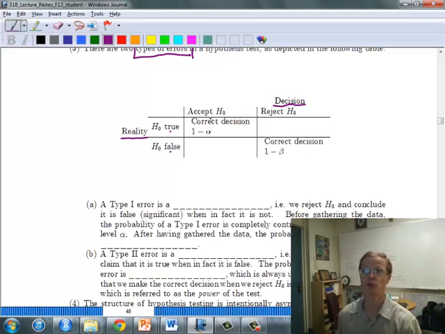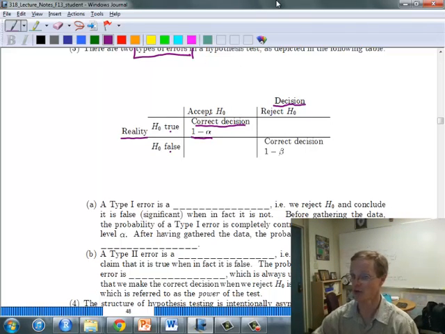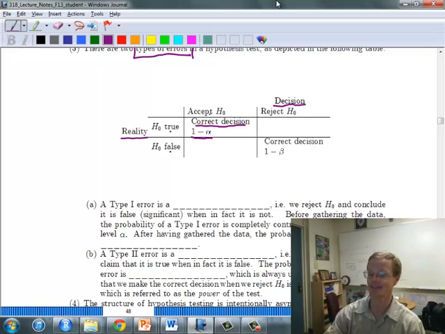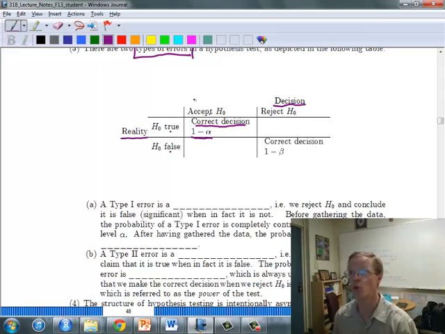If the null is true and we accept it, boom, we got a correct decision, and there's a probability of this: 1 minus alpha. How do we know that? That's the level of significance that we tested with and that we use to control that.